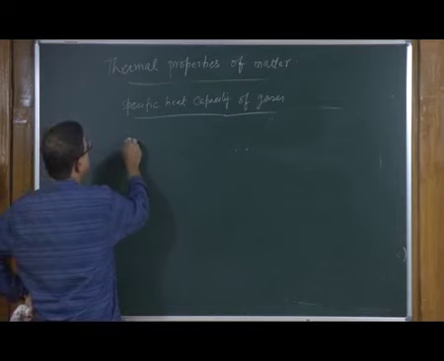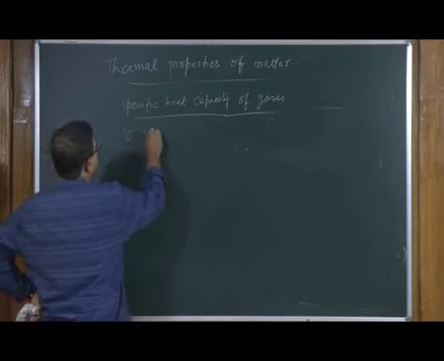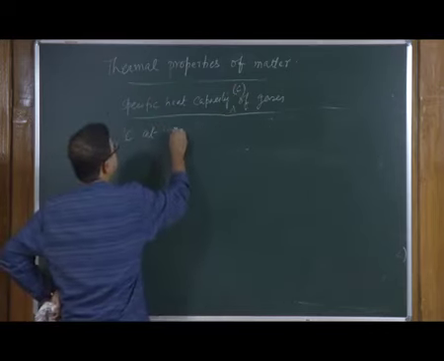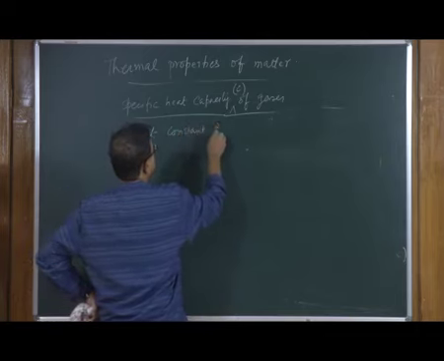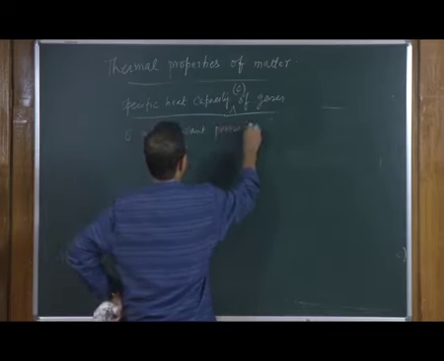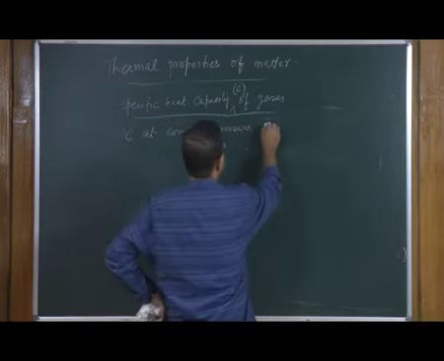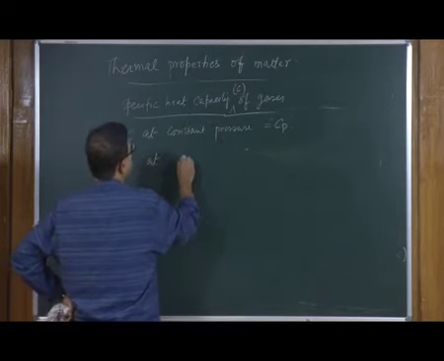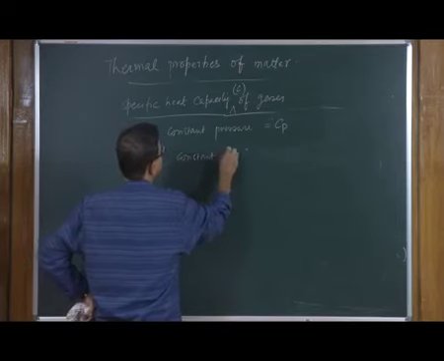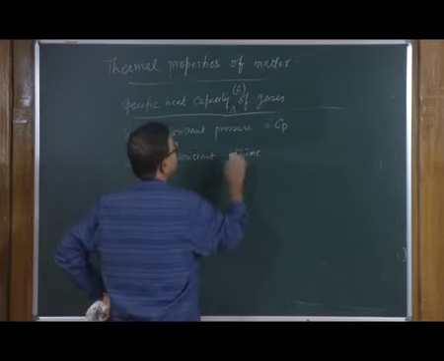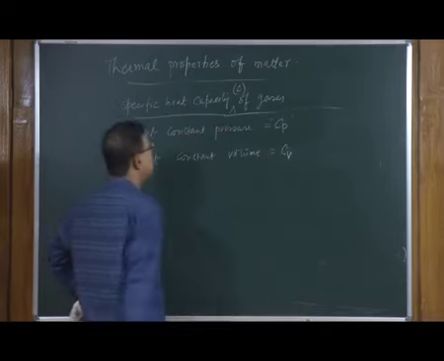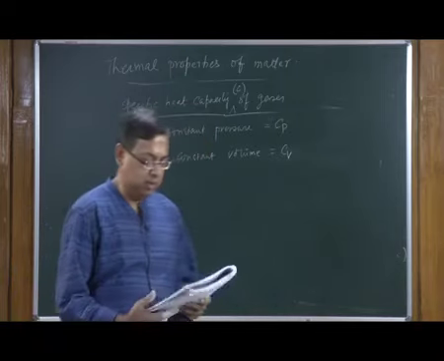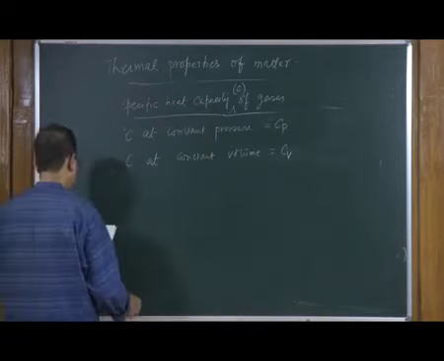so specific heat capacity, we denote it by this letter C. At constant pressure, let us call it Cp, and C at constant volume, call it Cv, and some representative values, again for certain gases which are very familiar to us.